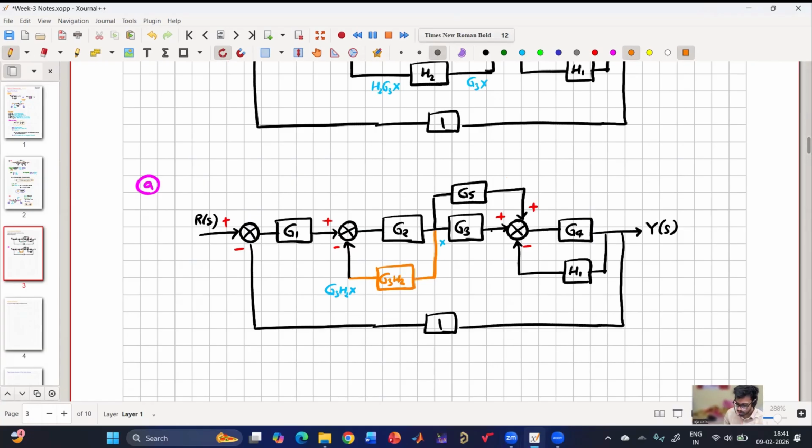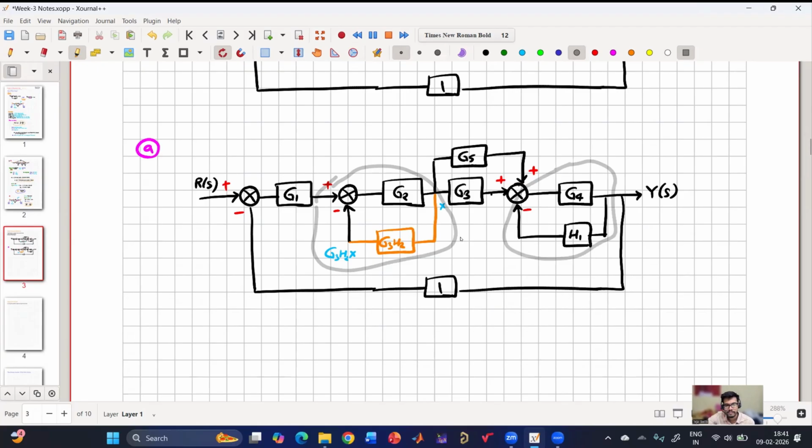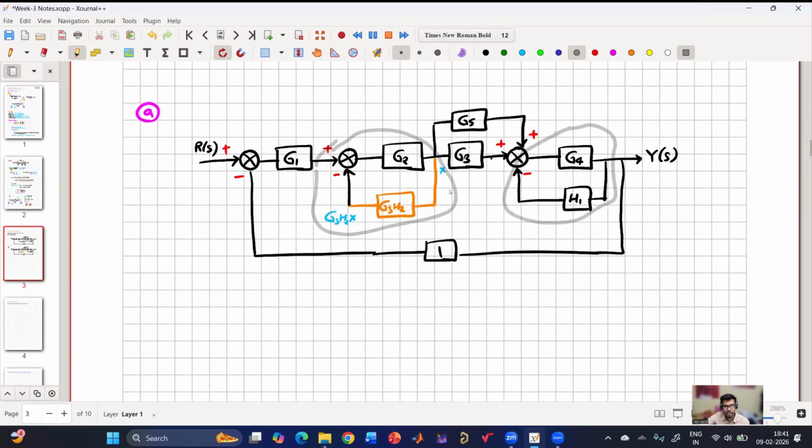G3 into H2. Now I can see two feedback loops. This is one negative feedback, and this is another negative feedback, right? Agree, everyone? So now I can simplify these gains.